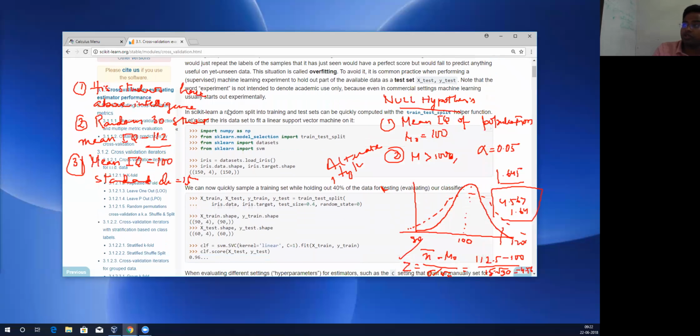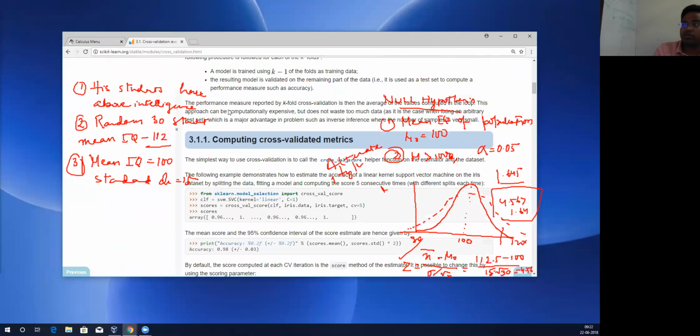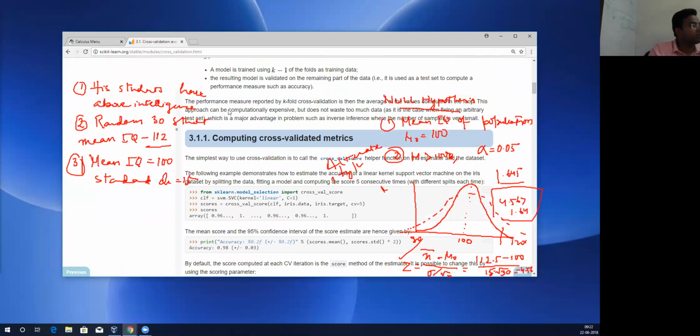So you can see this. We'll divide the train test data into load, split, and all that. So this is what you say is a much more robust way of doing things.